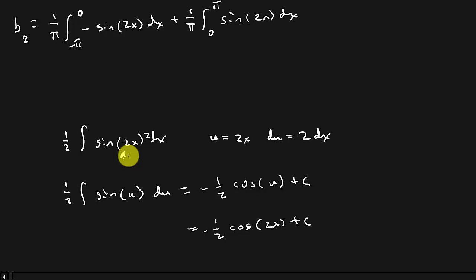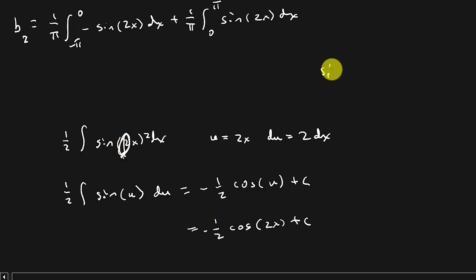When you integrate that, yes, you can come over to the side and do the u substitution, but just remember: the integral of sine 2x is negative cosine 2x, and then you need to multiply by the reciprocal of that number.